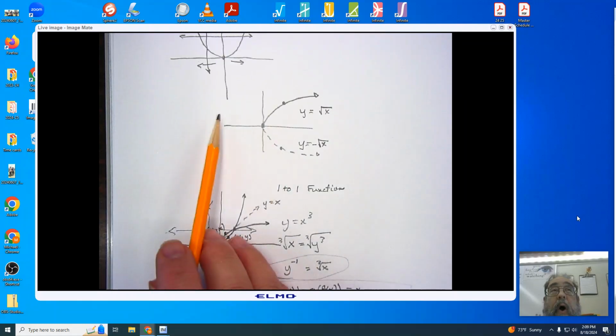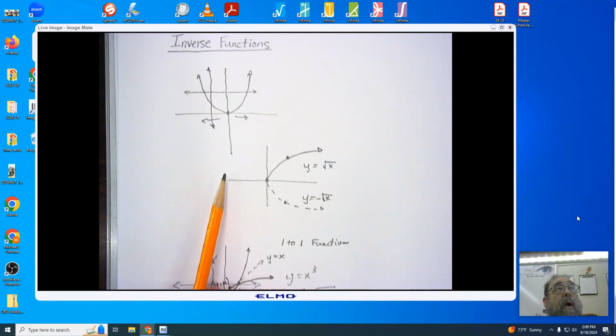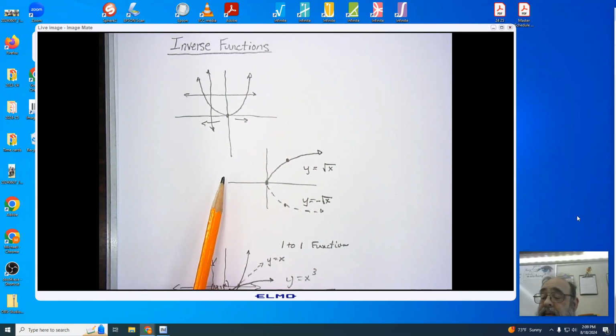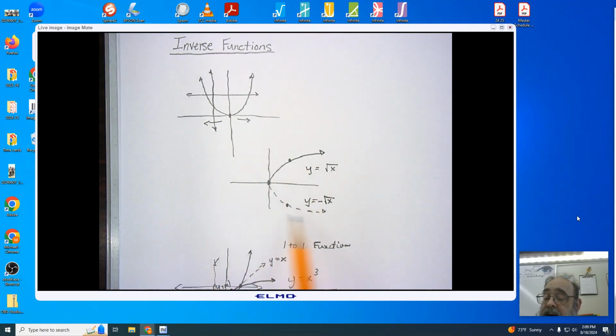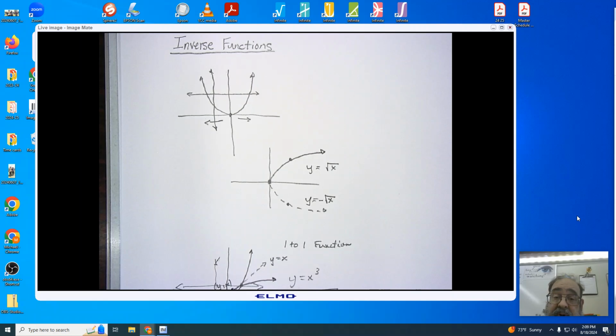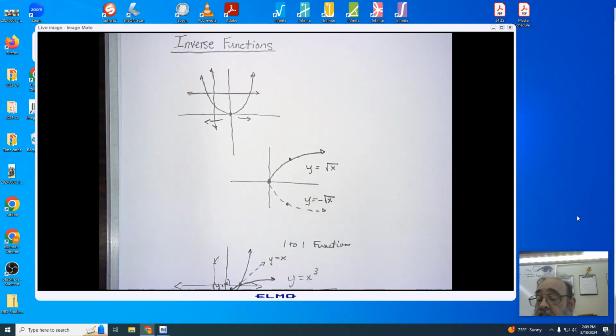Not all functions are one-to-one, and when they are not one-to-one, we are forced to choose and restrict the domain of the original function in order to find out an inverse function. This is the difference between a conic that's a parabola, which is a relation or a function, versus those that are square root and quadratic.